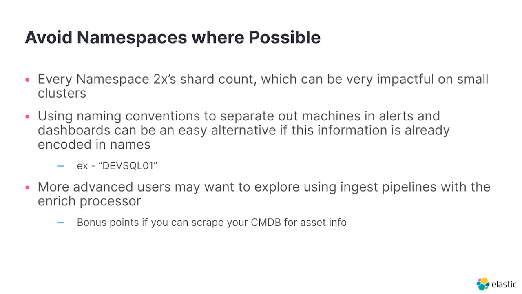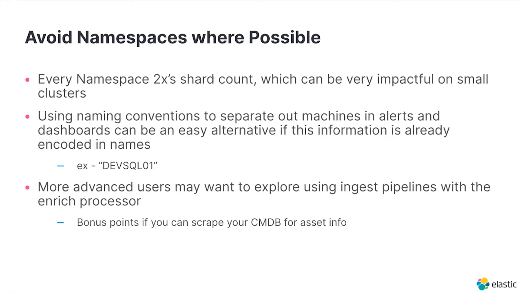To get around that and figure out different solutions there, the first thing we realized is that in most cases, a lot of enterprise IT environments are already going to have naming conventions that really accomplish what namespaces are intended to, separating out things like dev and production environments. Frequently, you'll actually see names like dev SQL 01, which gives you a lot of information that you probably want to separate information out on.